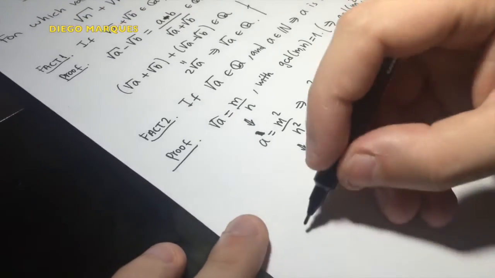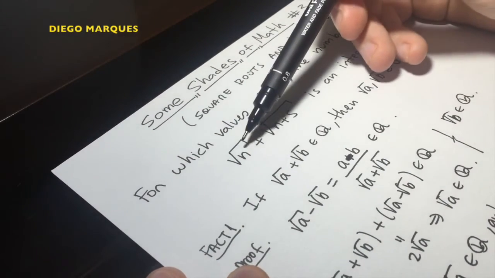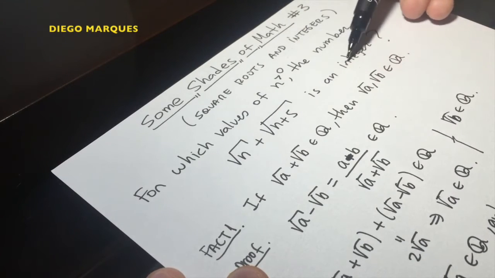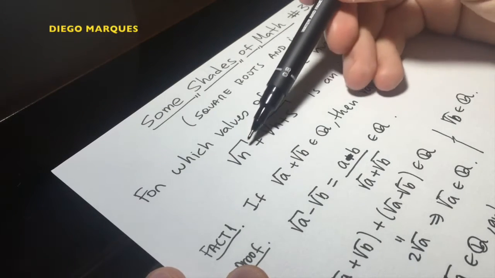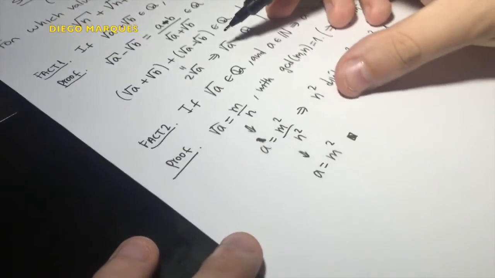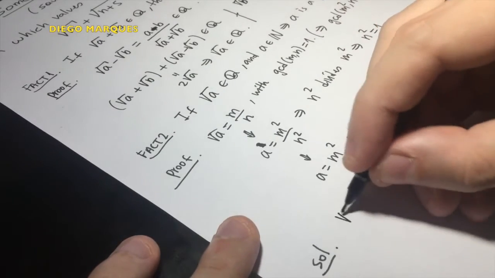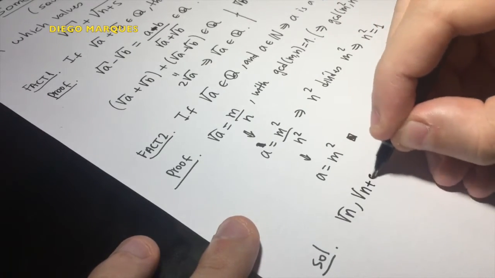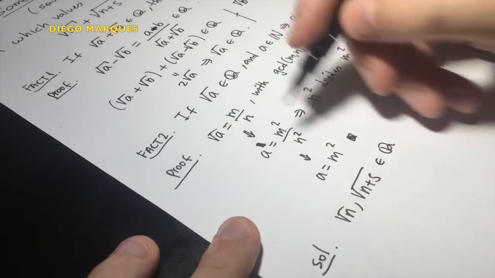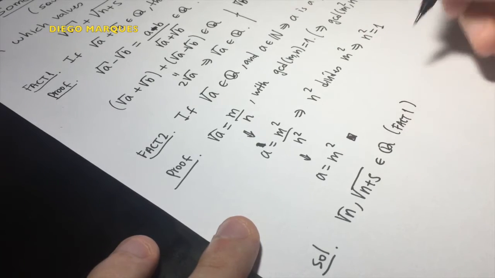Okay, so coming back to our problem, we know that square root of n plus square root of n plus 5 is an integer. So these two must be rational. So the solution of the problem: square root of n and square root of n plus 5 must be rational numbers. This is by fact number 1.